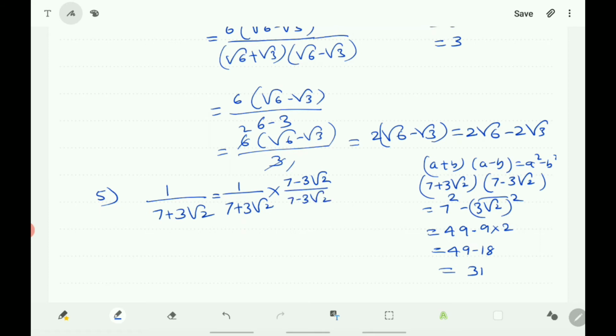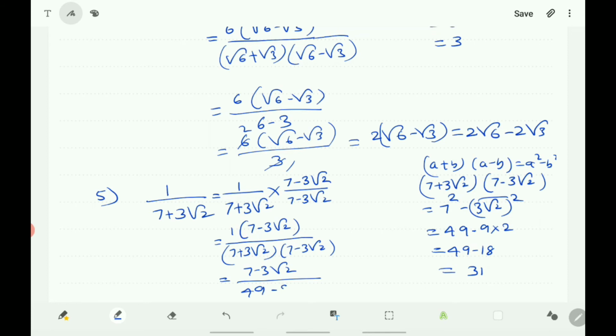Therefore here both numerator and denominator must be multiplied by 7 minus 3 root 2 by 7 minus 3 root 2. That is equals to 1 into 7 minus 3 root 2 by 7 plus 3 root 2 into 7 minus 3 root 2. So you know that it becomes 49 minus 3 square is 9 and root 2 square is 2.